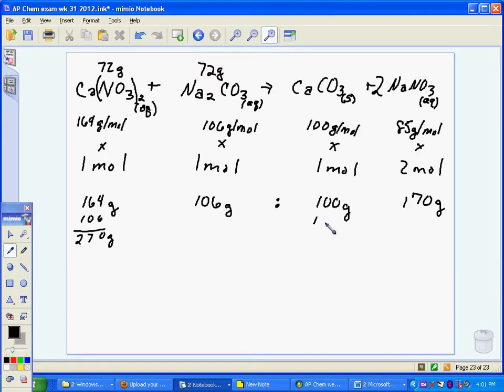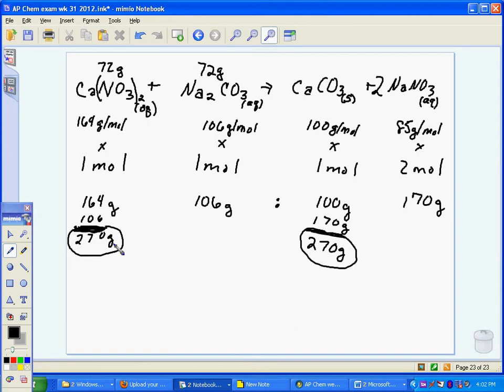And then I've got 100 plus 170 here, 270 grams on this side. Since my masses are equal, I'm pretty confident that I've got this equation set up correctly. Now, if these masses are not equal at this point, then I'm going to go back and look, and say something is just not right.